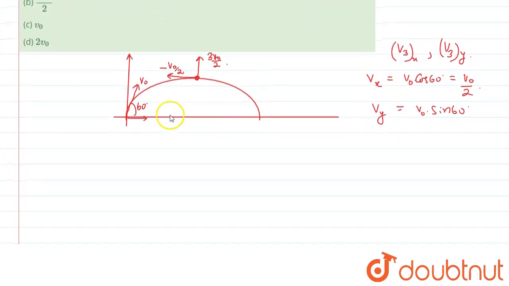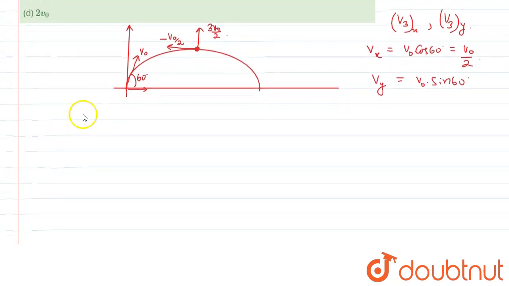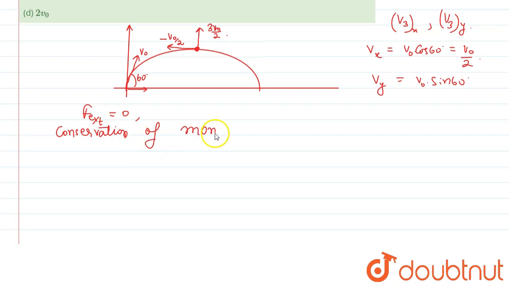So here if we observe this system, there is no external force. The external force acting on this system is 0, and hence the conservation of momentum will be valid. So first we use conservation of momentum along x-axis.